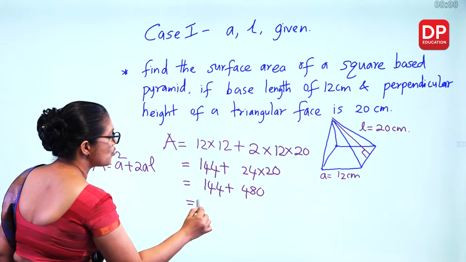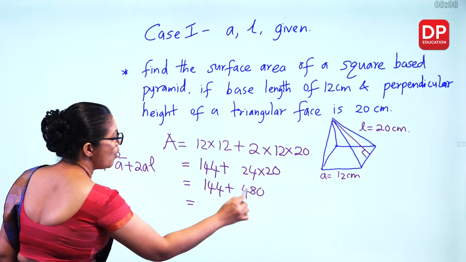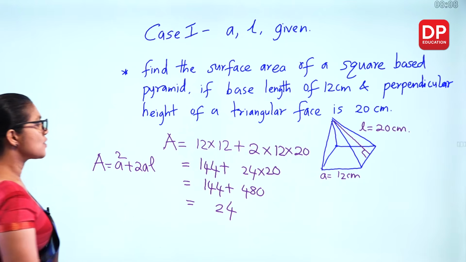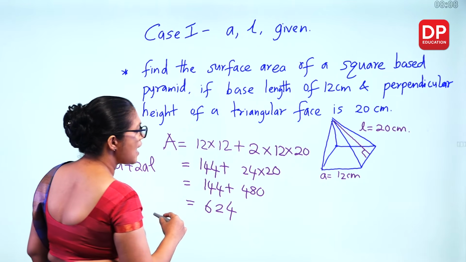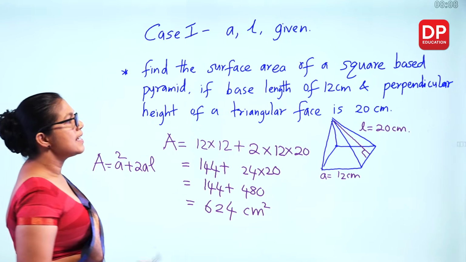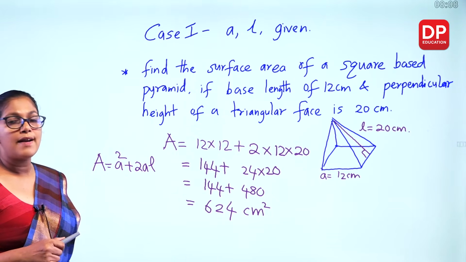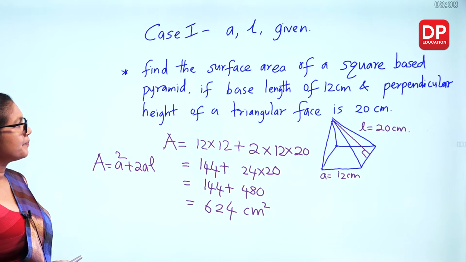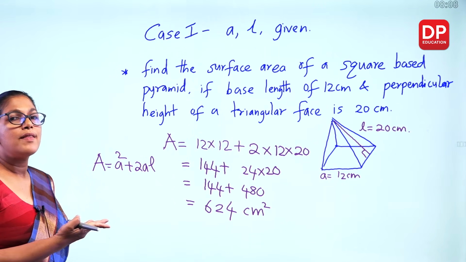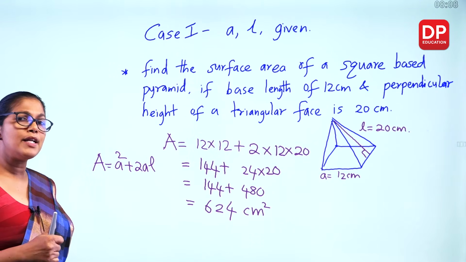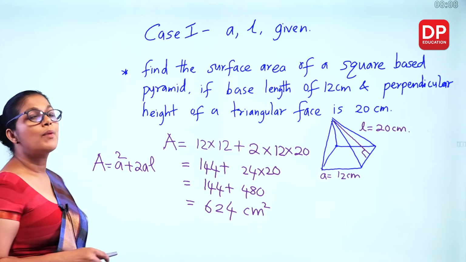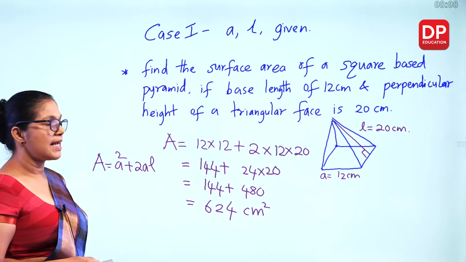When you add these two together, you get 624. So 624 square centimeters is the surface area of this pyramid. That's case number 1. When the base length and the perpendicular height of the triangle are given, this is how we can find the surface area.